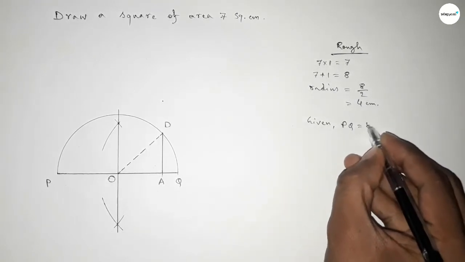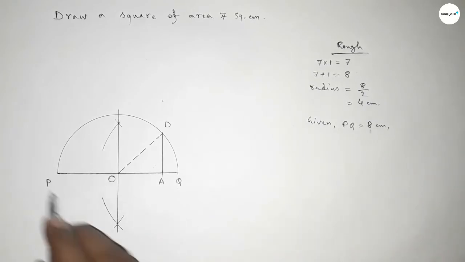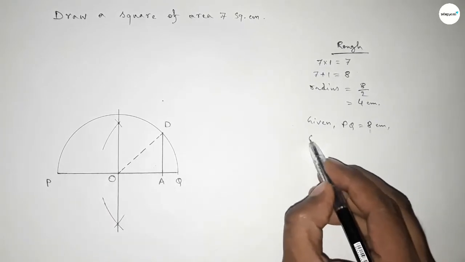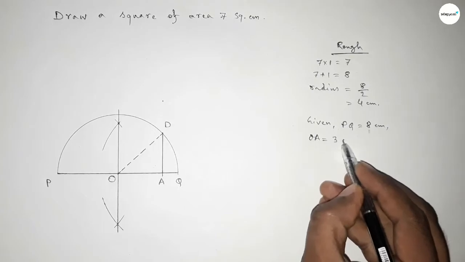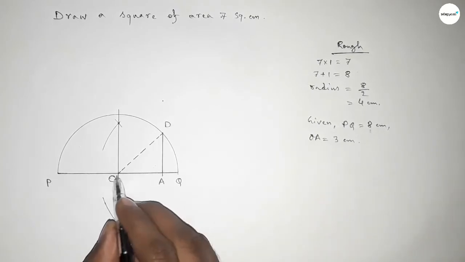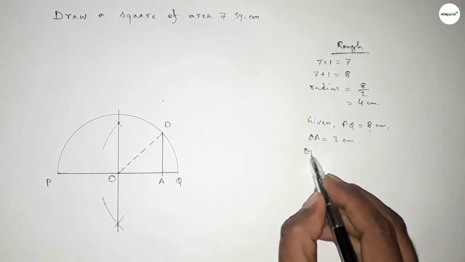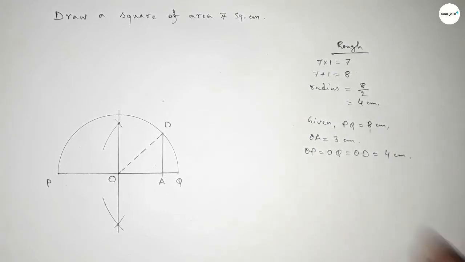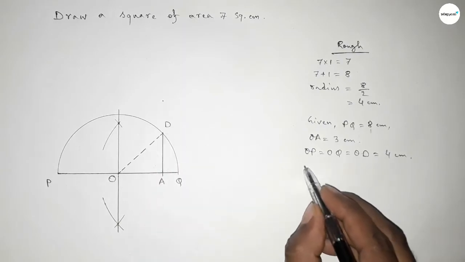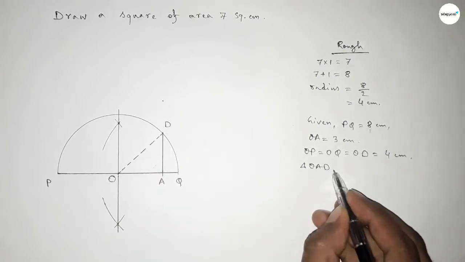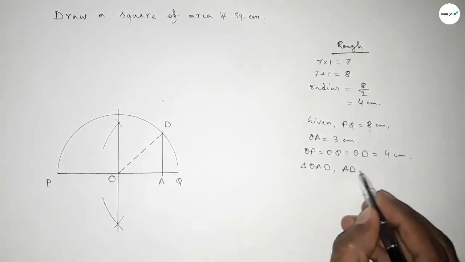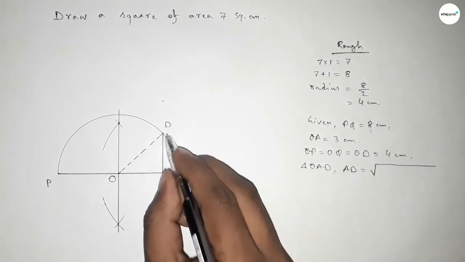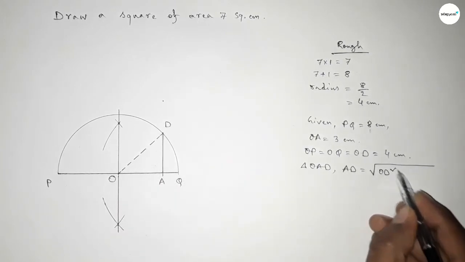So given PQ equal to 8 centimeter and OA equal to 3 centimeter and radius OP, OQ and OD equal to 4 centimeter. So from right angle triangle OAD we can write AD perpendicular equal to root over hypotenuse square minus base square.